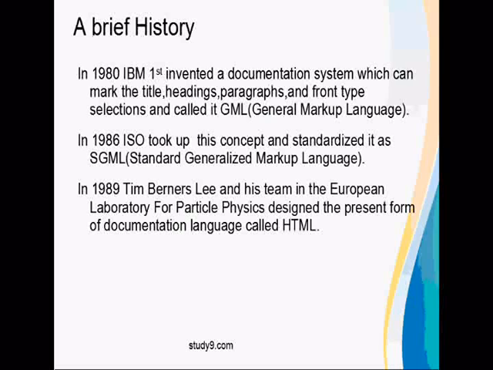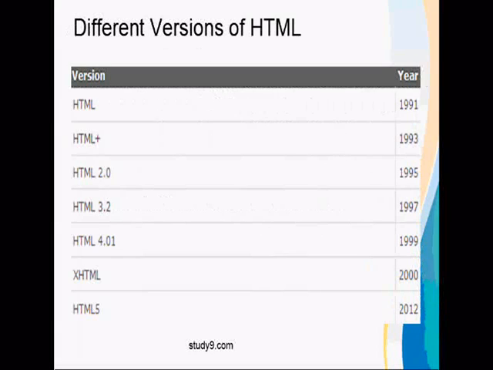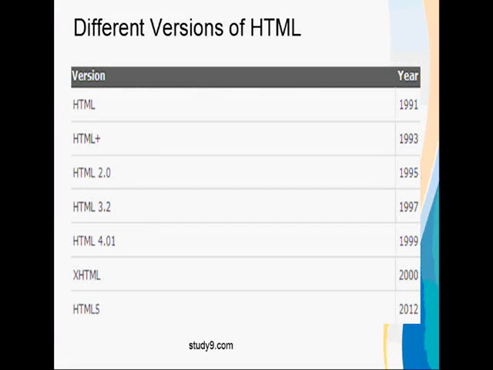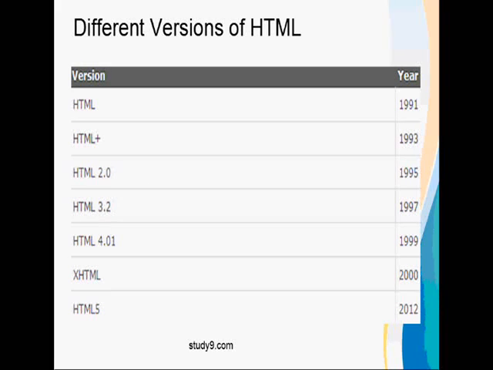Finally, Tim Berners-Lee and his team at Particle Physics Lab proposed the present form of the language, that is our HTML. Since the early days of the web, there have been many versions of HTML: HTML, HTML+, HTML 2.0, 3.2, 4.01, XHTML and HTML5. In our tutorial, we shall mostly follow HTML5.